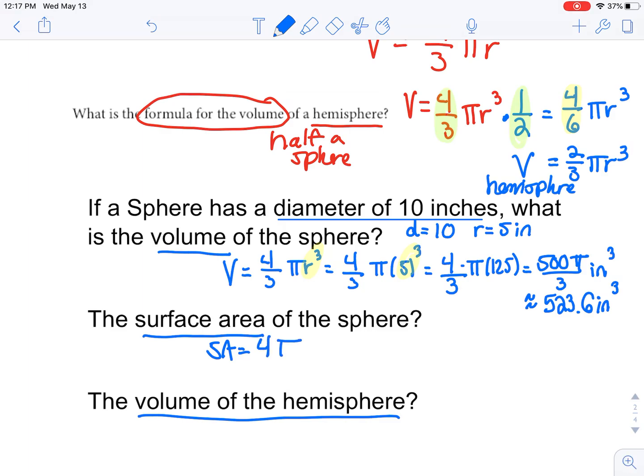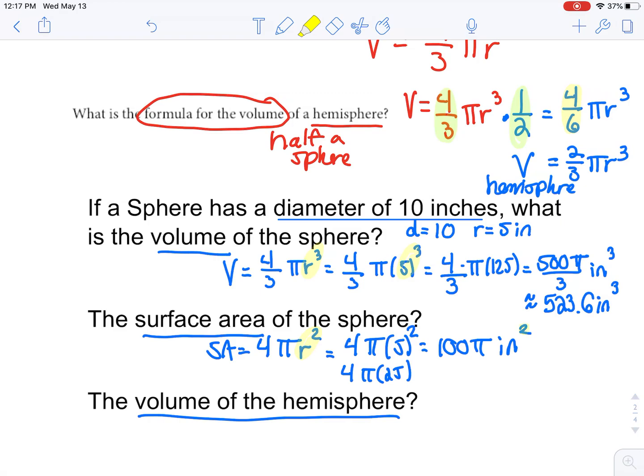The surface area of the sphere, remember that surface area formula is 4 pi r squared. We're still using that same radius of 5. 5 squared is 25, and 25 times 4 is 100. So the surface area of the sphere is going to be 100 pi inches squared.